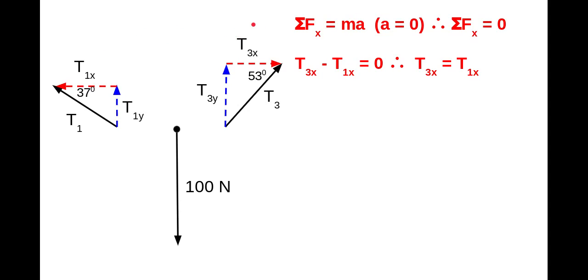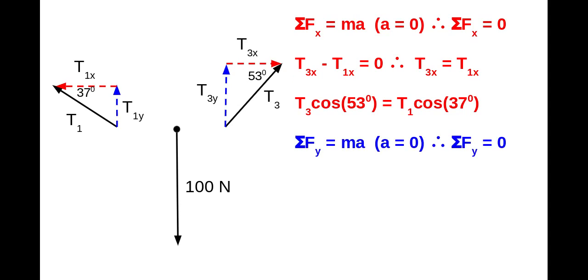T3x is to the right, so it's positive. T1x is to the left, so it's negative. So T3x minus T1x equals 0. Therefore, T3x equals T1x, equal and opposite. Let's write them in terms of the trig function. In this case, it's the adjacent side to the angle, so it'll be cosine.